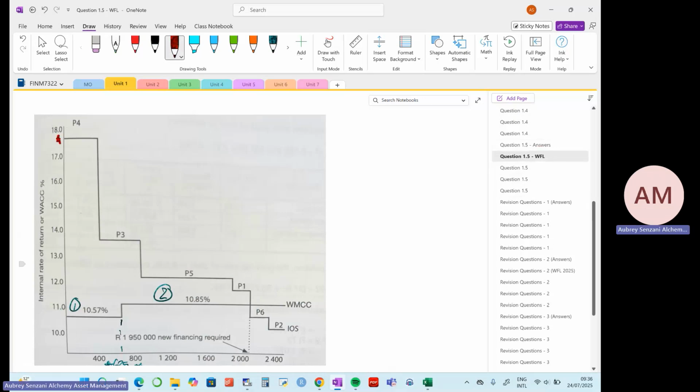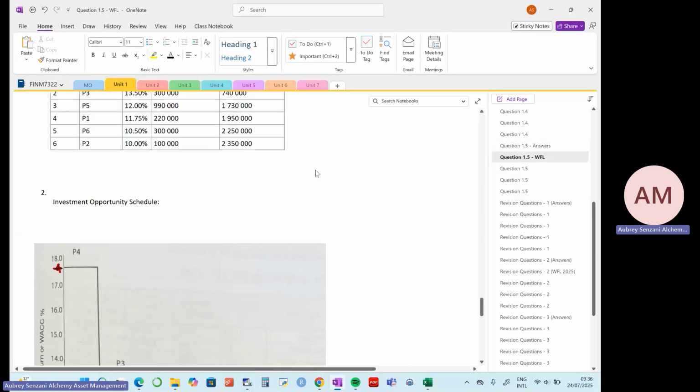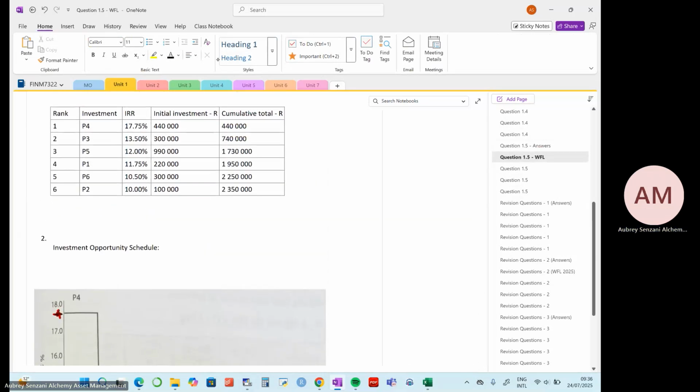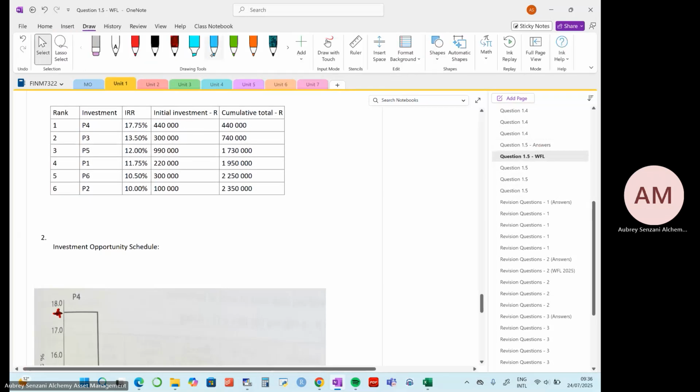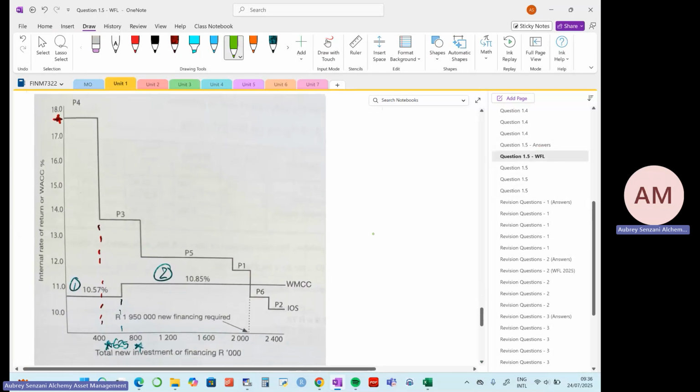So if you take this down, you would end up at 440. You go to the second investment opportunity, which is 13.5%, and that's 300,000. So 300,000 from 440 is going to take you to the 740 cumulative.